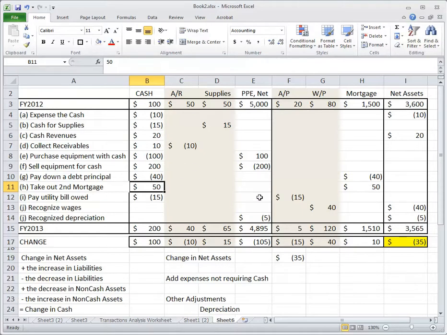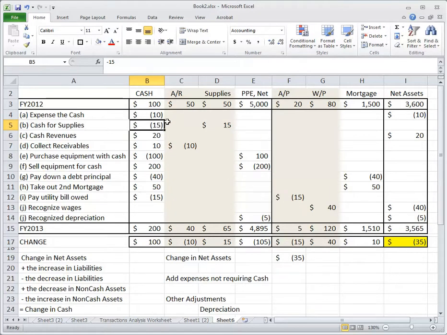And so sometimes our cash flows move in exact lockstep with our net assets, and other times they don't move with our net assets. So we can expect that on a given single transaction like this one, where we paid down cash and it increased our supplies, we would expect that to make a difference.